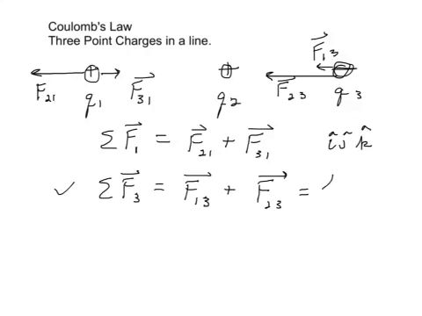The F13 would be K, absolute value of Q1, absolute value of Q3, over the distance between them. We'll just call that R13, and that has to be squared. That would give us the magnitude. But notice, if I want to make this a vector, the F13, you can see in the diagram, it's in the negative I hat direction.